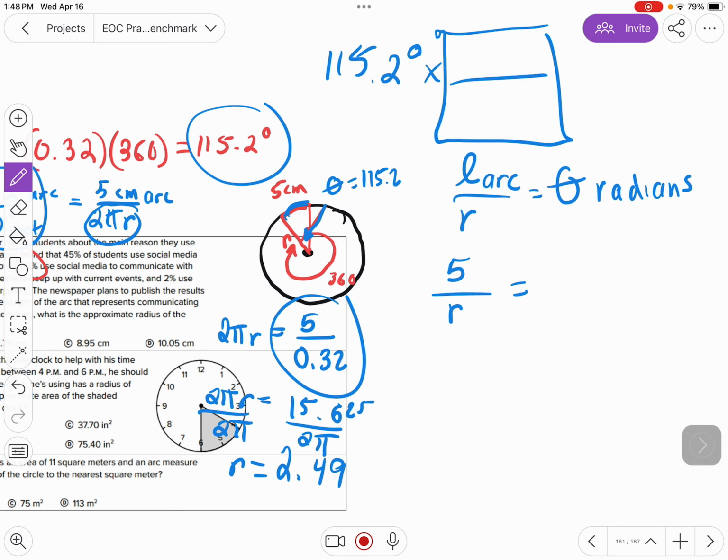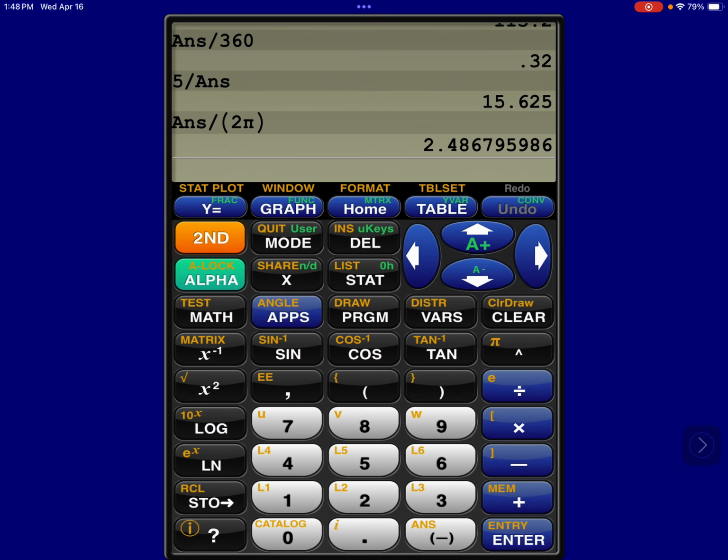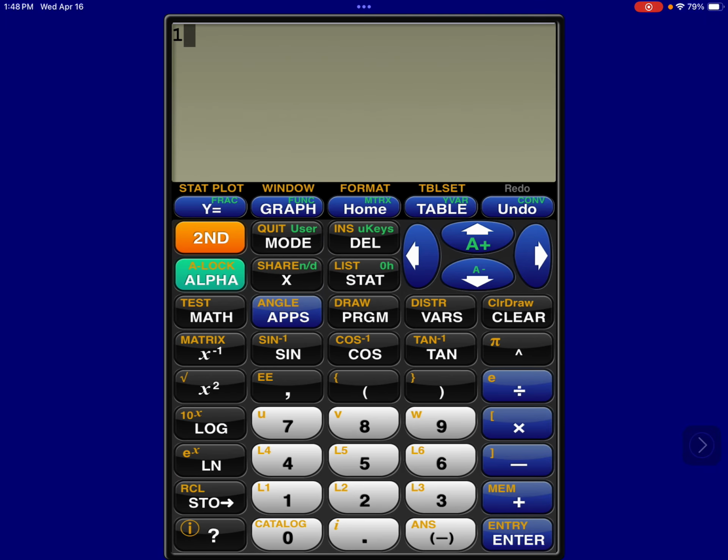It is 180 degrees is pi radians. If you put that in your calculator, 115.2 divided by 180 degrees, but then multiplied by pi.